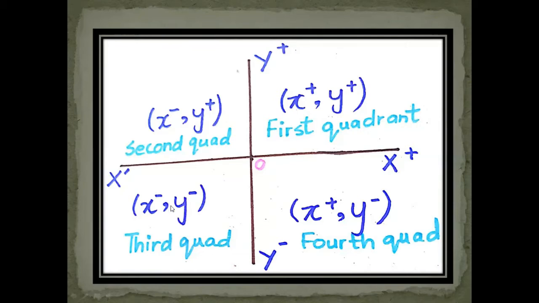Here x is negative, y is also negative, so it belongs to the third quadrant. When x is positive and y is negative, the ordered pair belongs to the fourth quadrant.